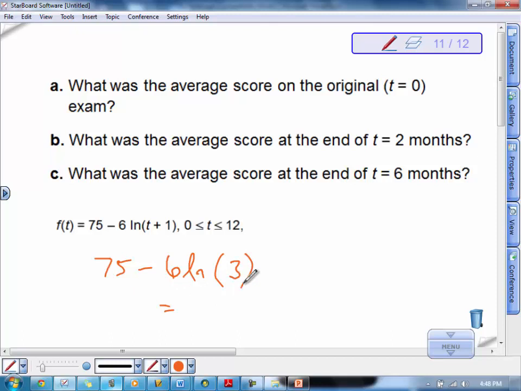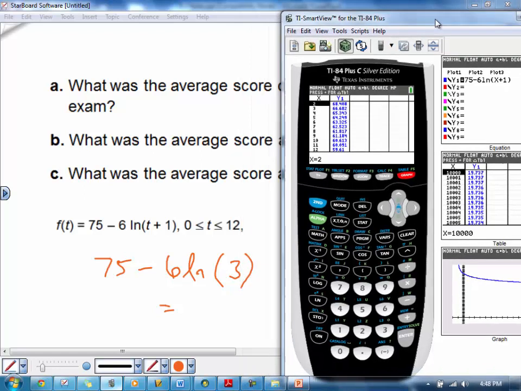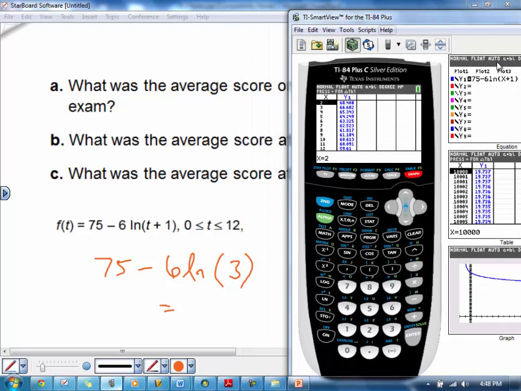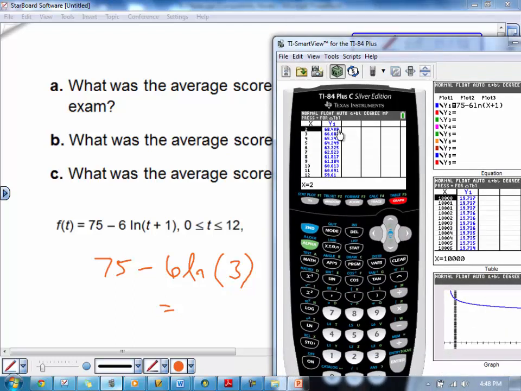Or you can just grab your calculator, and since I have the function plugged in for my y equals, what I can do is go to second table, table set, and I'll start my table at 2, and I'll go by increments of 1, and I'll just look at the table and get these values. So you can see at t equals 2, 2 months, the average score was 68.5-ish.